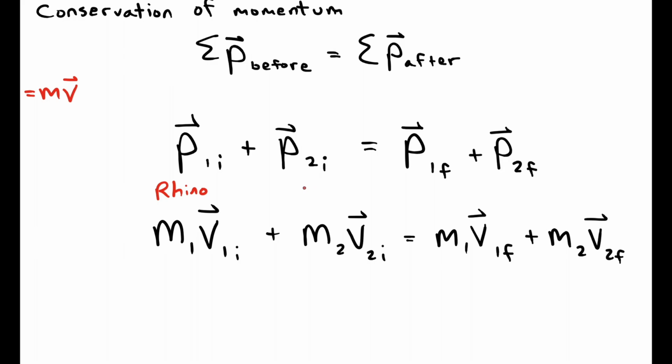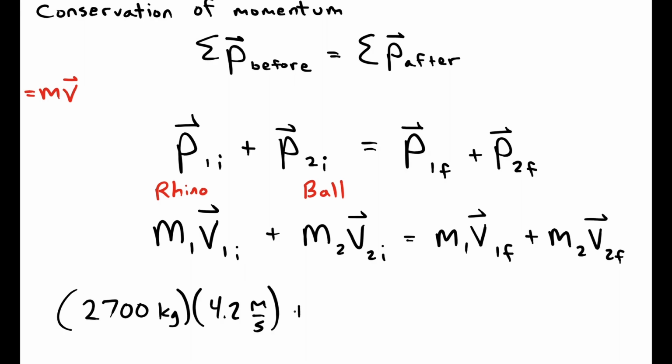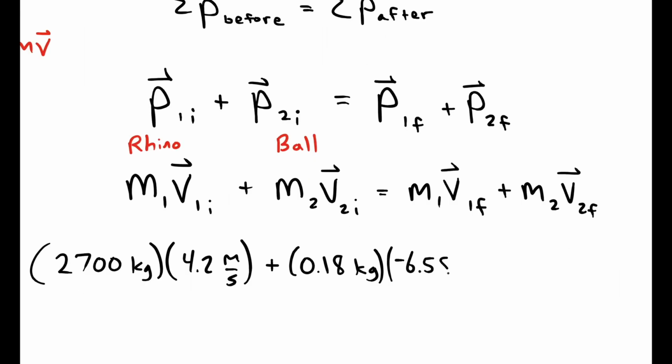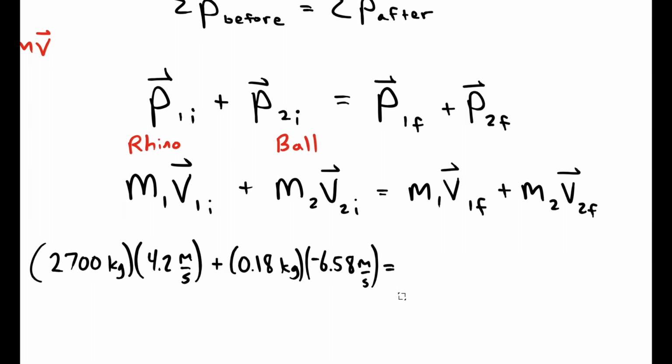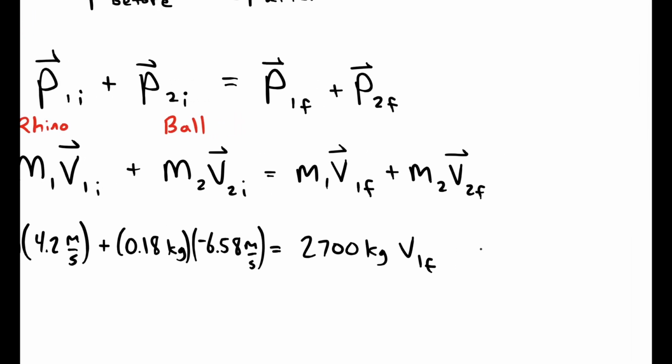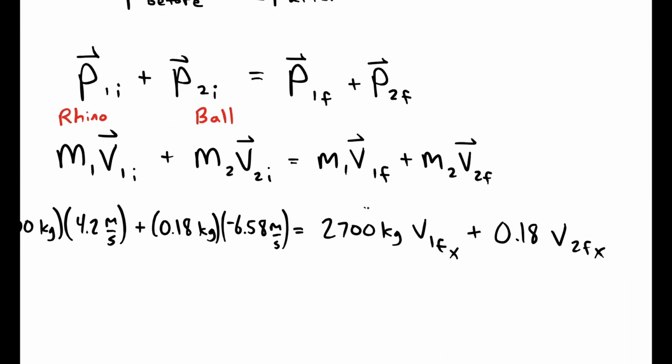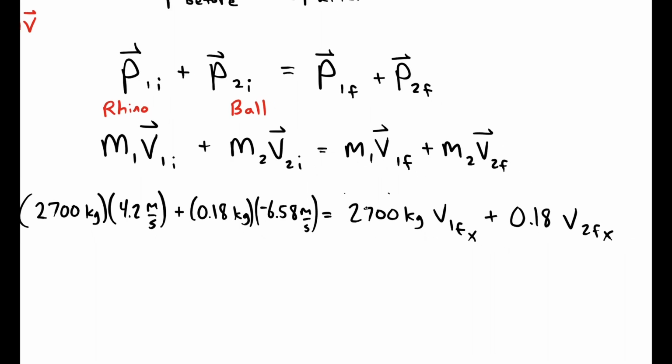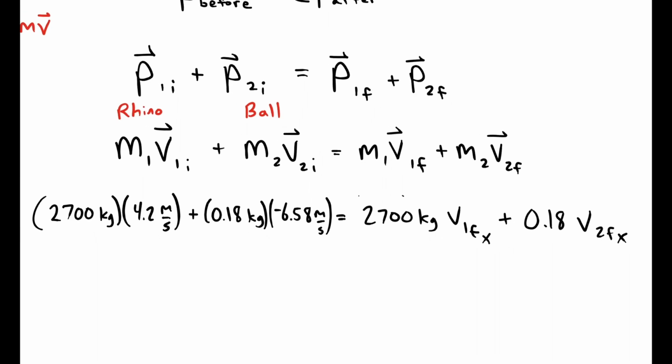We certainly know the ball's mass and velocity too, so we have everything we need for this left side. A problem here is we don't have just one unknown variable. We're actually going to have two unknowns. So that means we're not going to be able to solve this problem with just one equation.